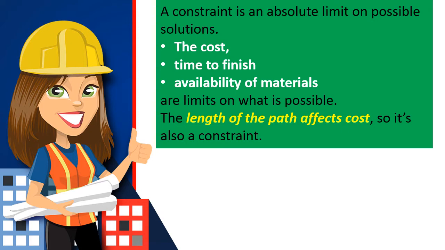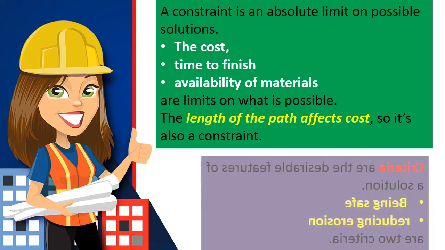Number one, the cost. 2, time to finish. 3, availability of materials. A limit on what is possible. And also the length of the path affects cost, so it's also a constraint. We can have as many as possible, but we have to identify the constraints and also the criteria.